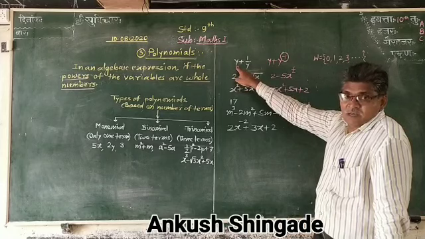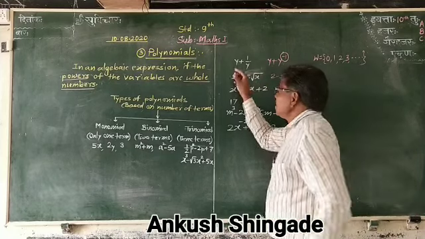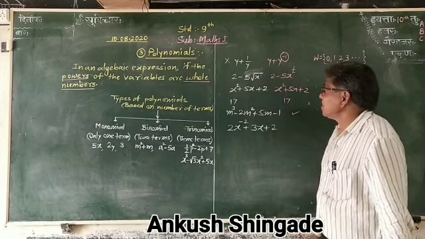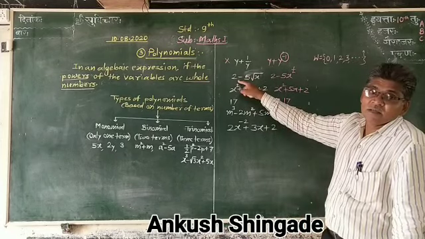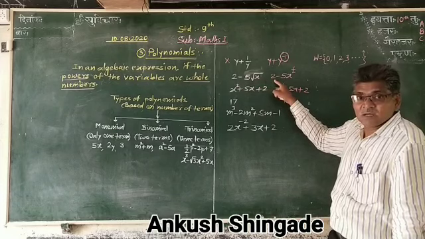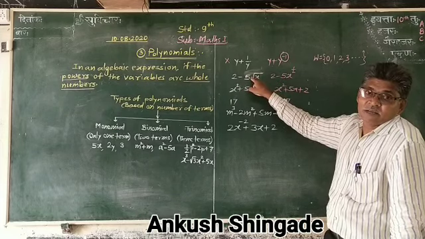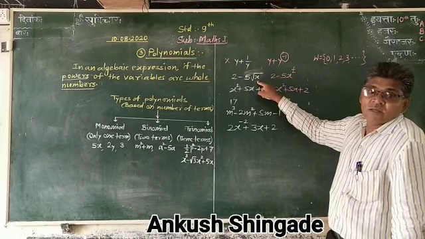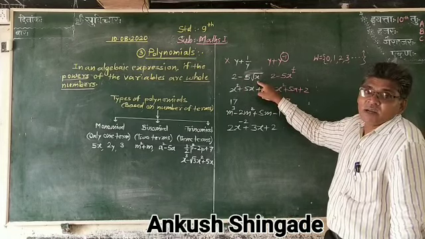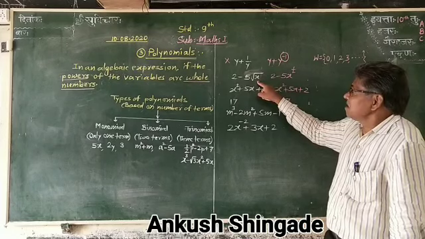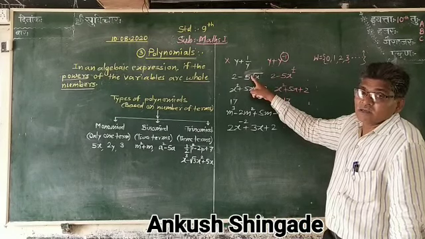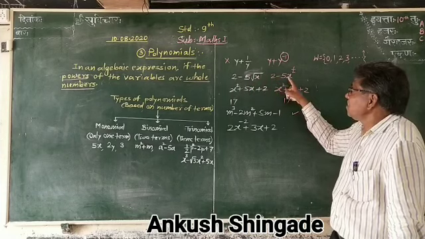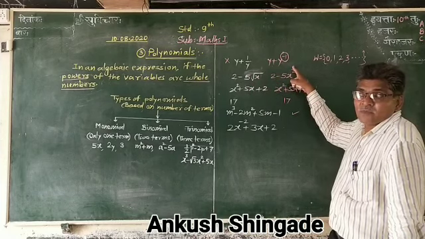Therefore, the given expression is not a polynomial. Then decide about the second expression, 2 minus 5 root x. By using the law of indices, we write it as 2 minus 5 into x raised to 1 upon 2.